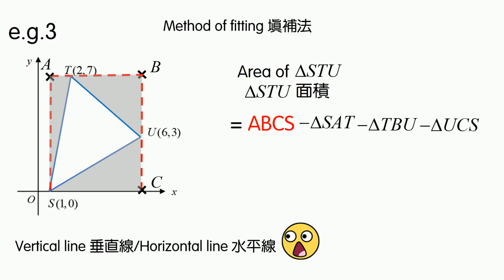After subtracting these three triangles, the rest of it is the triangle STU. It is easy to find the areas of these three triangles because they are right-angled triangles. Their sides are horizontal lines and vertical lines. It is easy to find the area of them.